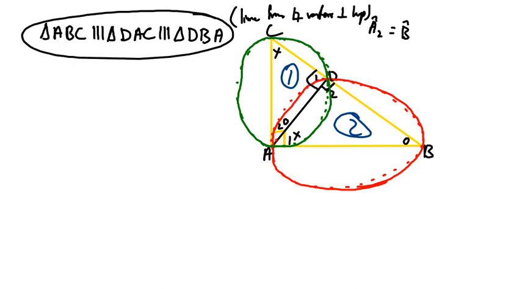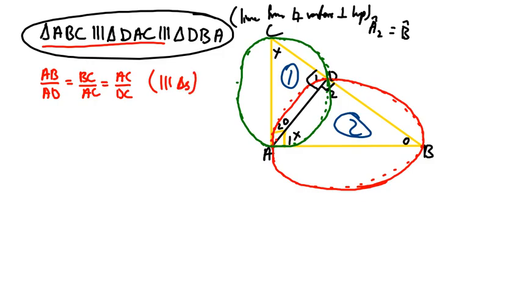And guess what? Watch this again. It means AB over DA, or AD if you like, should be equal to BC over AC, and that should also be AC over DC. I have just compared the first two thanks to similar triangles.